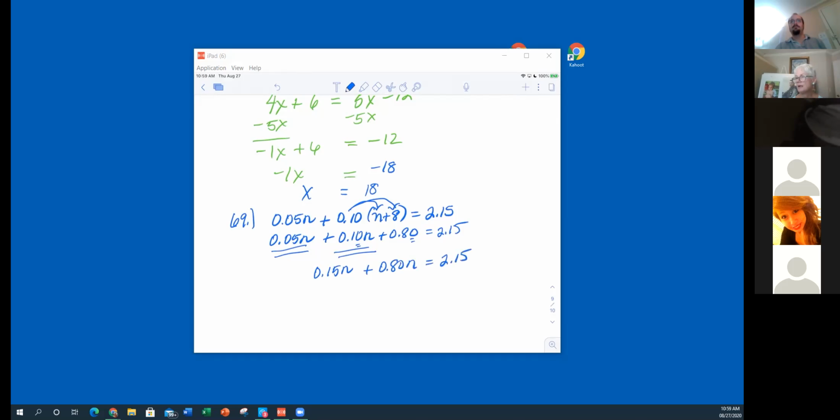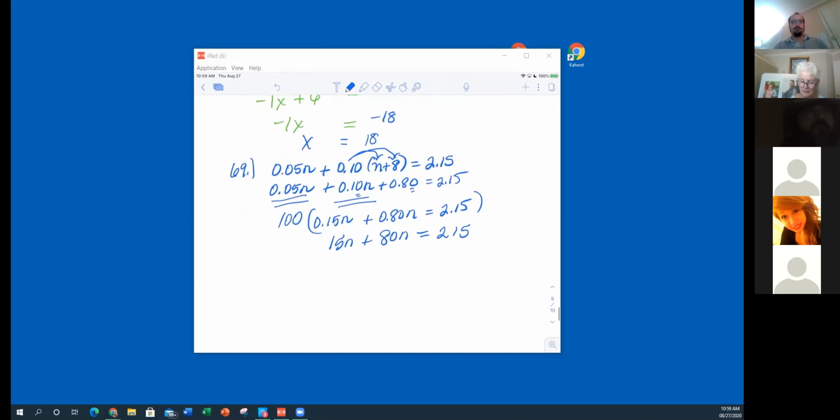And this time, what am I going to multiply the whole thing through by? And I could have done it even before I combined the like terms. 100? 100, yes, because the furthest place is the hundredths place. So I'm going to multiply everything by 100, and that is going to become 15n plus 80 equals 215.